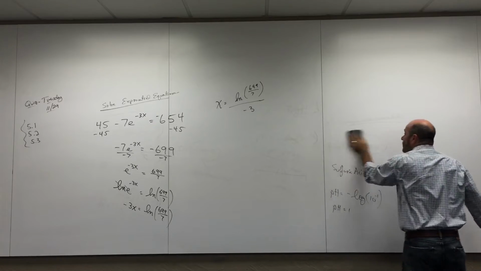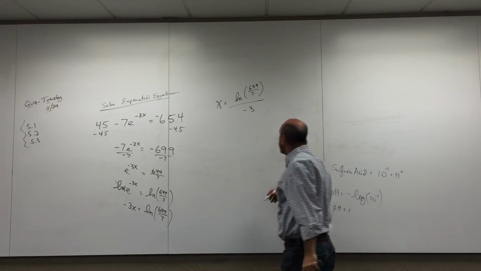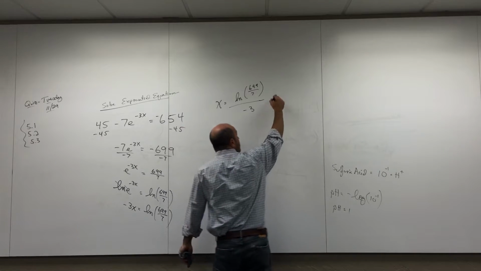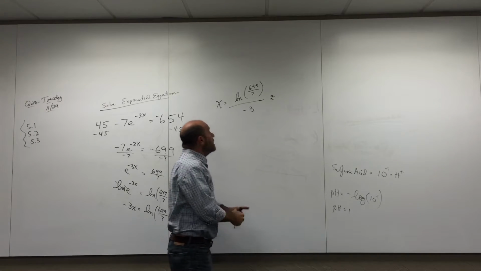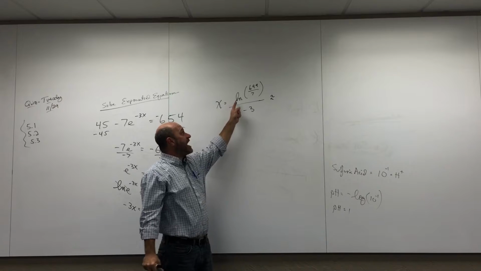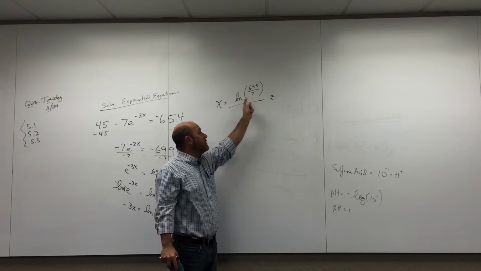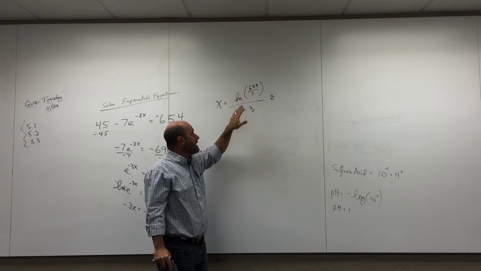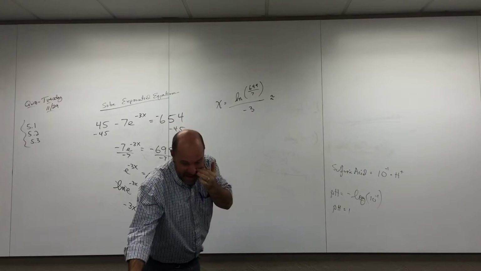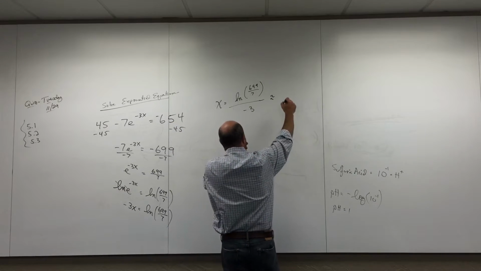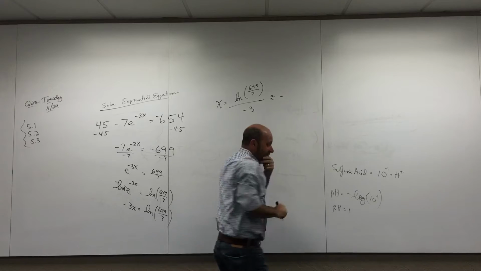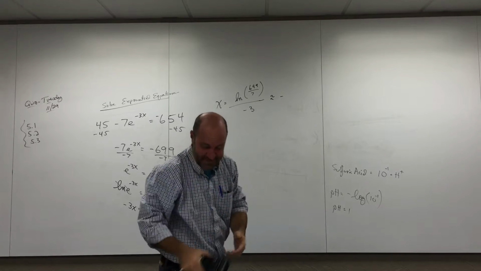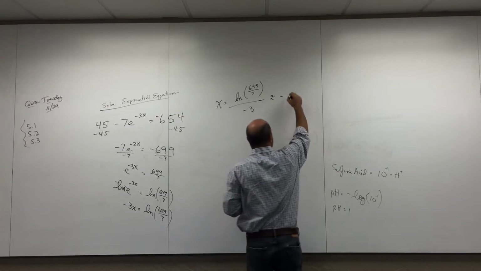But I also might want to know if you can use your calculator correctly and give me a rounded off decimal answer, please. So now I would pick up my calculator. I'd ask for the natural log of this. I'd be real careful. And after I'm finished, I would divide by negative 3. And what's the answer? Might be negative, I don't know. Negative 1.535.